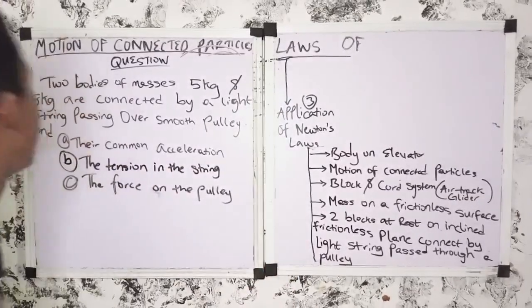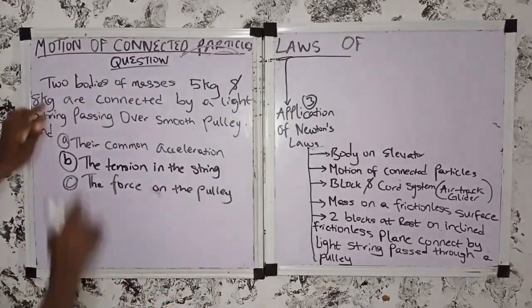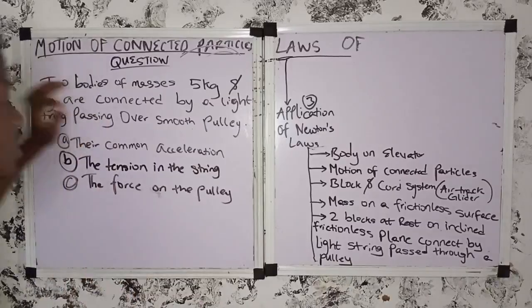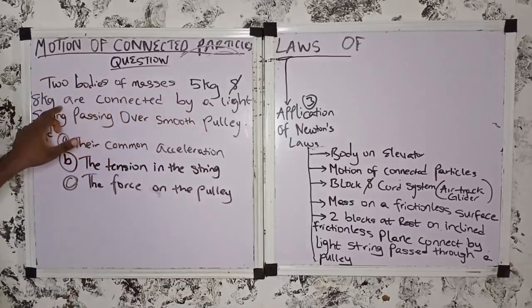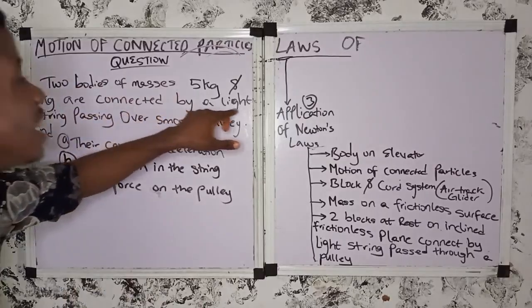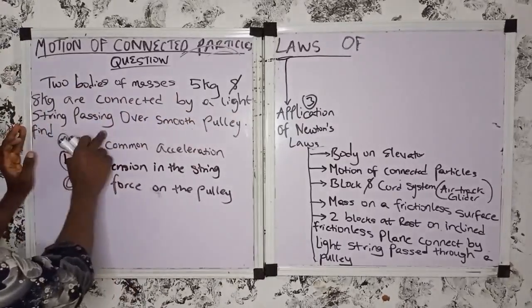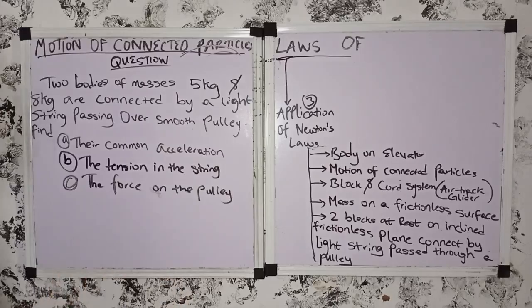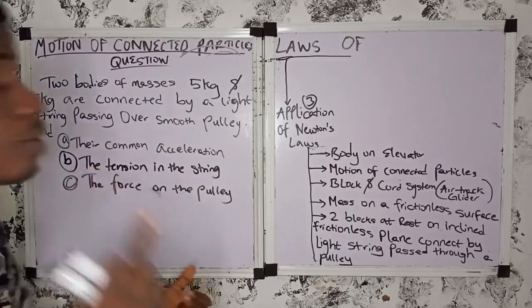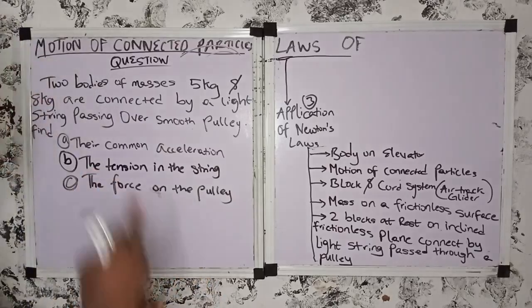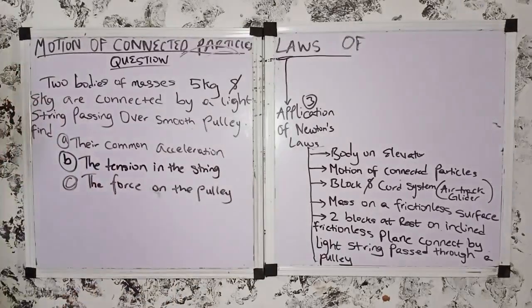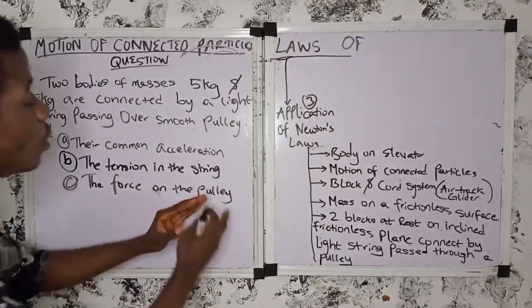Now, if you look at the question on the board, they said two bodies of masses 5 kg and 8 kg are connected by a light string passing over a smooth pulley. They say find their common acceleration, the tension in the string, as well as the force on the pulley.